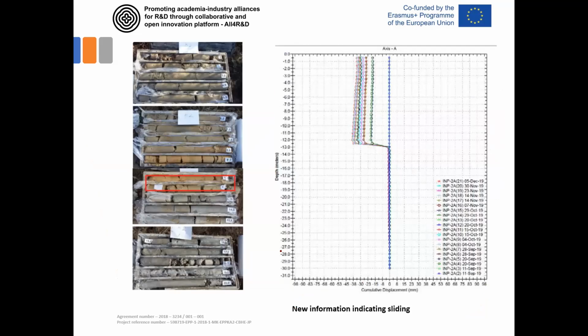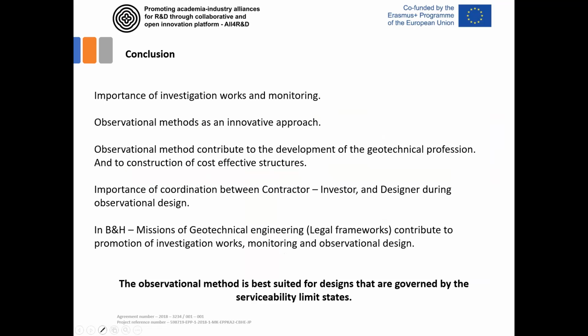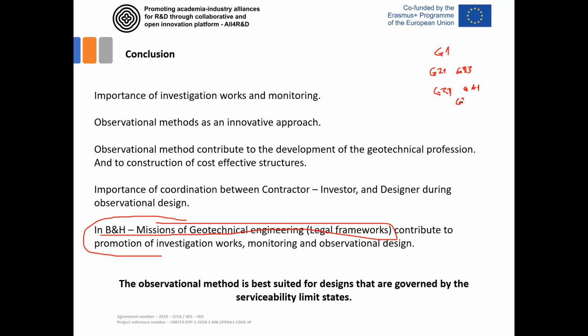I don't know how it is defined in your country and elsewhere in Europe, but here in Bosnia and Herzegovina we have so-called legal frameworks that contribute to the promotion of this observational design, since we have the project design documentation defined in so many stages, all marked with documents G1, then G21, G23, then G31, G41, also G32, and then we also have G5.